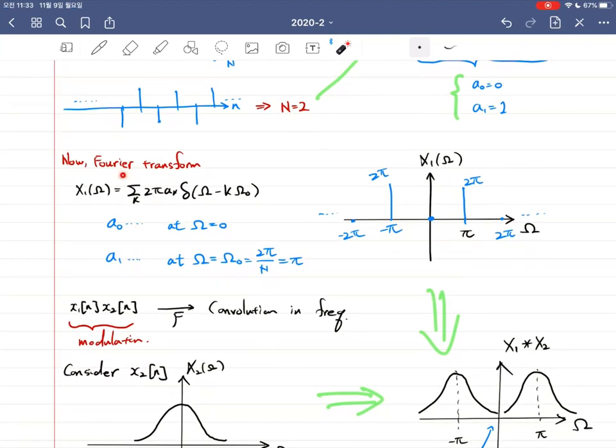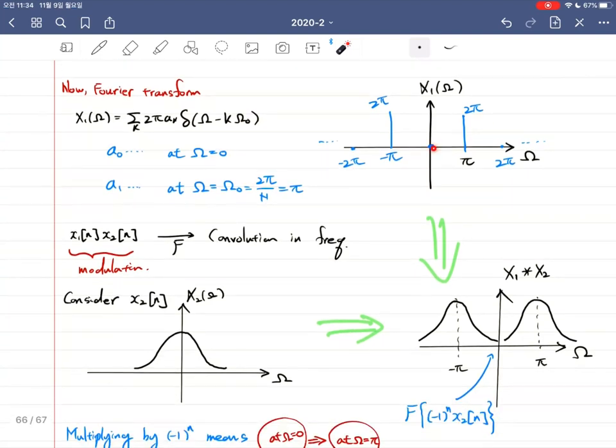So the Fourier transform can be obtained as a bunch of shifted impulses like this, and we get 0 at 0 radian and 2 pi at pi.